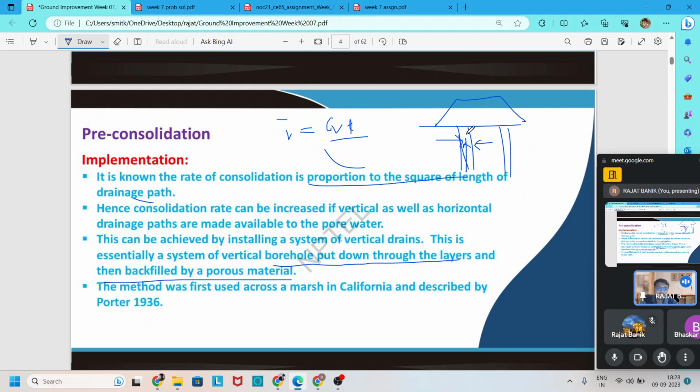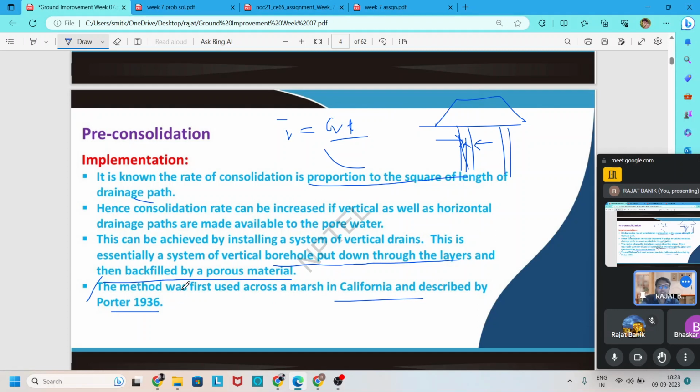We already discussed that we can create vertical drains, and this vertical drain should be backfilled with some porous material like clean sand or gravel material, which is good for drainage of water. And this method was first used in California by Porter in 1936.